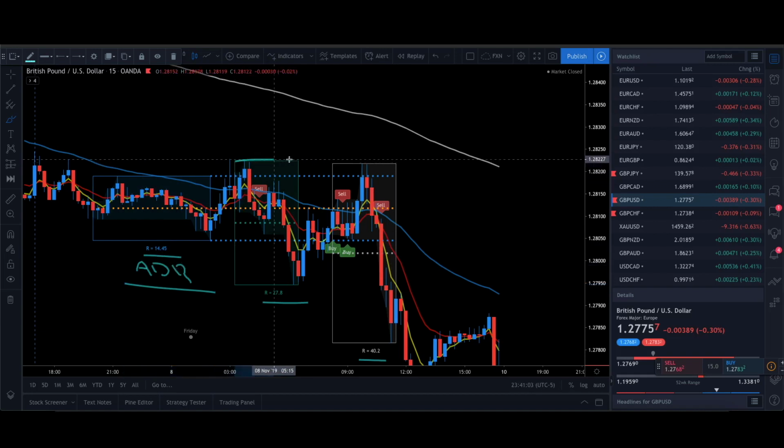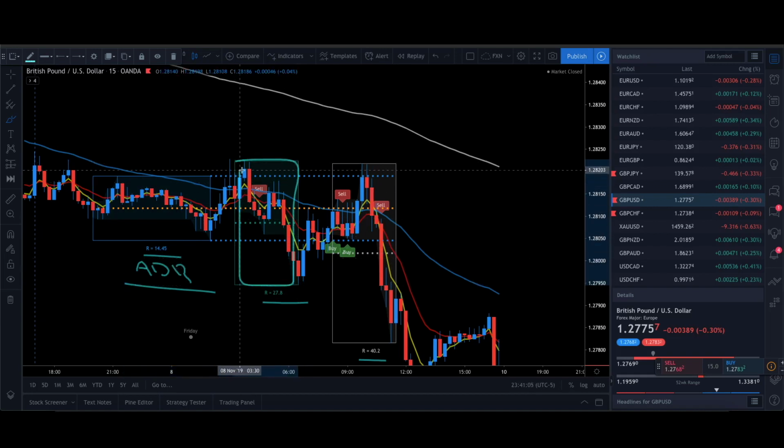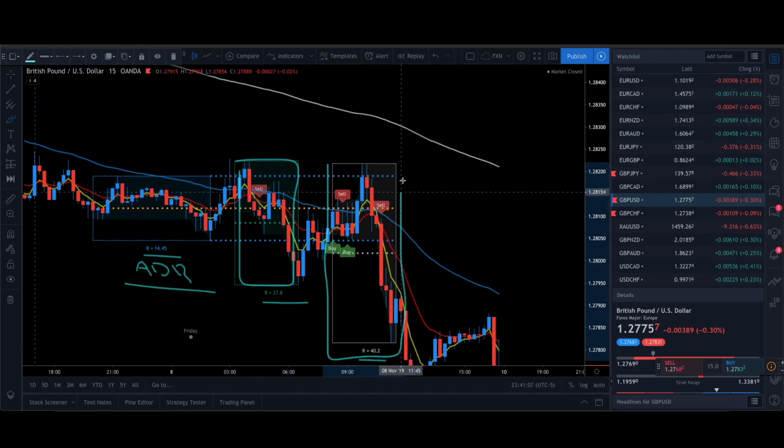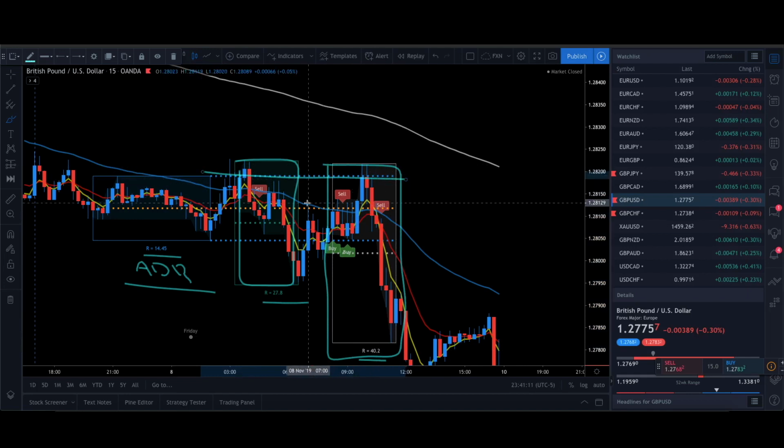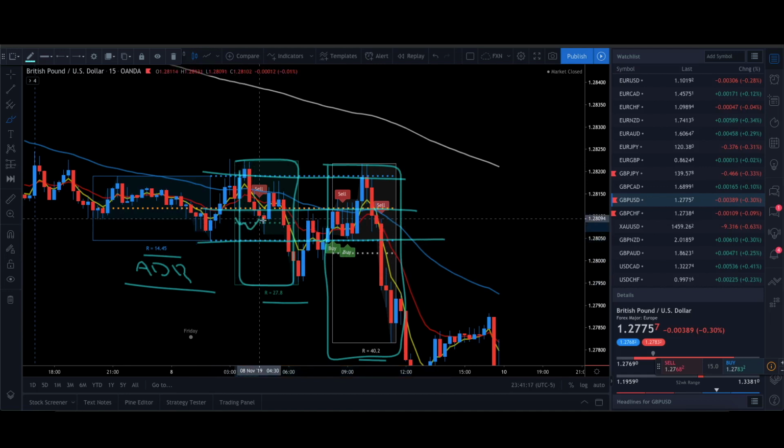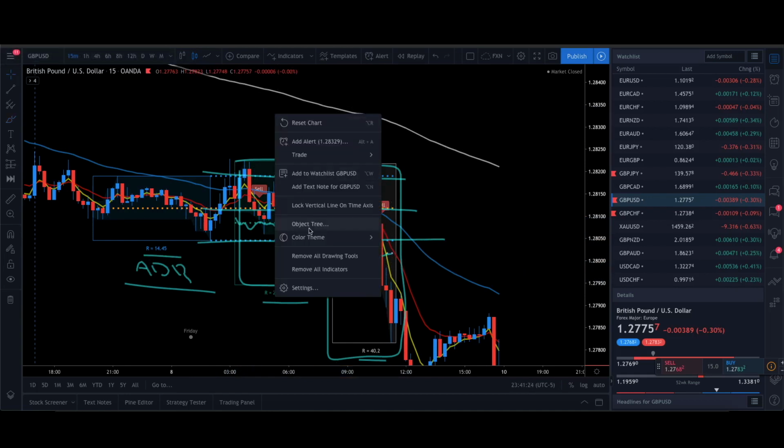The boxes here are basically your trading zone for London and your trading zone for the US session. The lines here are basically to help you identify type 2 and type 3 patterns. Do not worry about these middle lines here that are in the boxes. Don't worry about this. This means nothing.